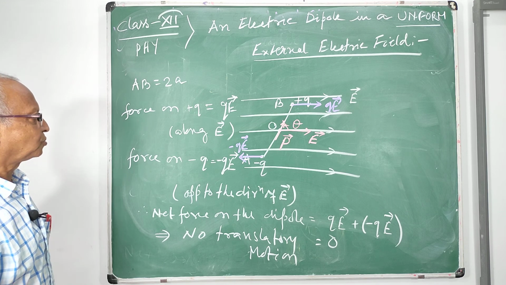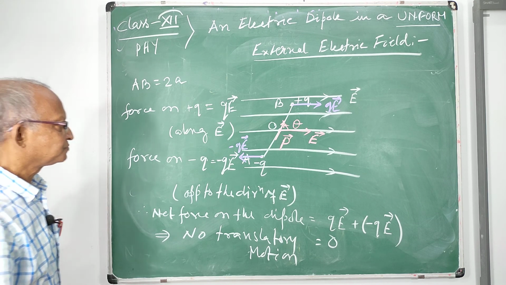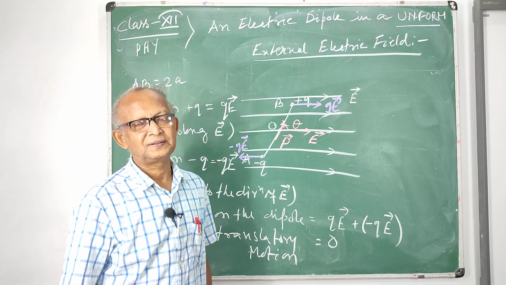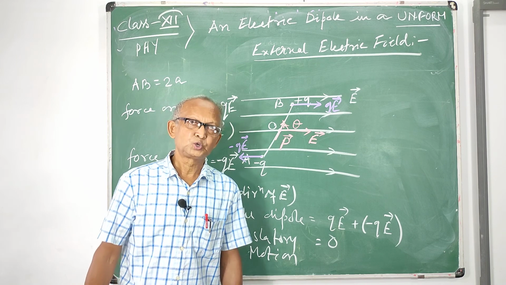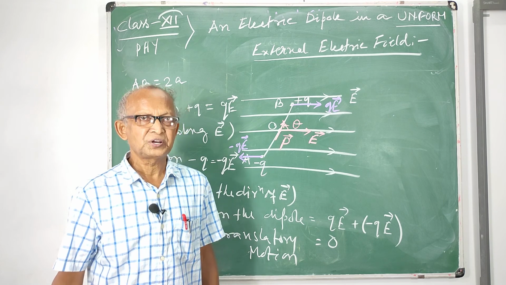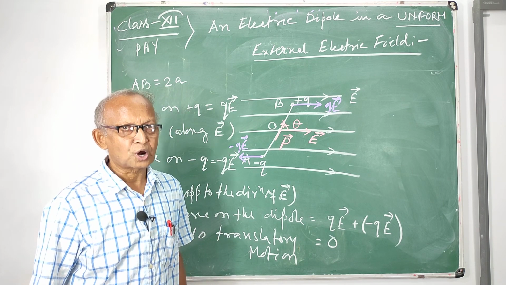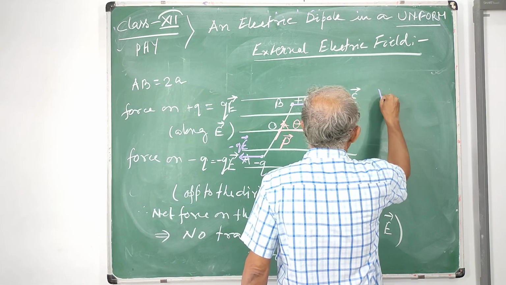So these two forces are equal and opposite, but they are not along the same line. They are not collinear. And we know that two equal and opposite forces, if they are non-collinear, produce a torque. So a torque is produced.